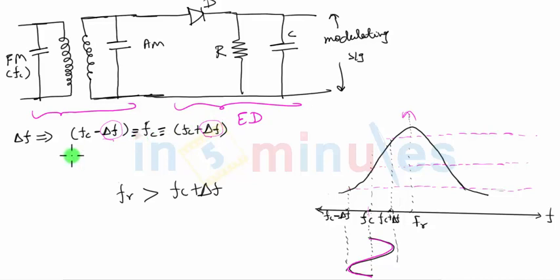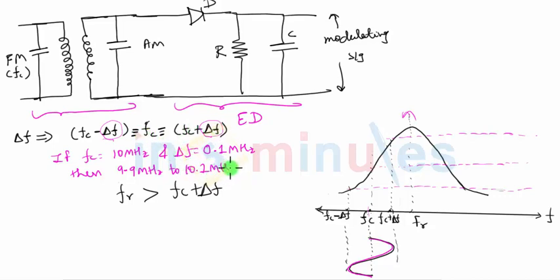Just to give you a better clarity in terms of numbers, let's say if Fc is equal to 10 megahertz, for example, and let's say delta F is equal to 0.1 megahertz, then the range of input frequencies will be Fc minus delta F, that means 10 minus 0.1, which will be 9.9 megahertz, to 10 plus 0.1, which will be 10.1 megahertz. So all the input frequencies will be between this range.